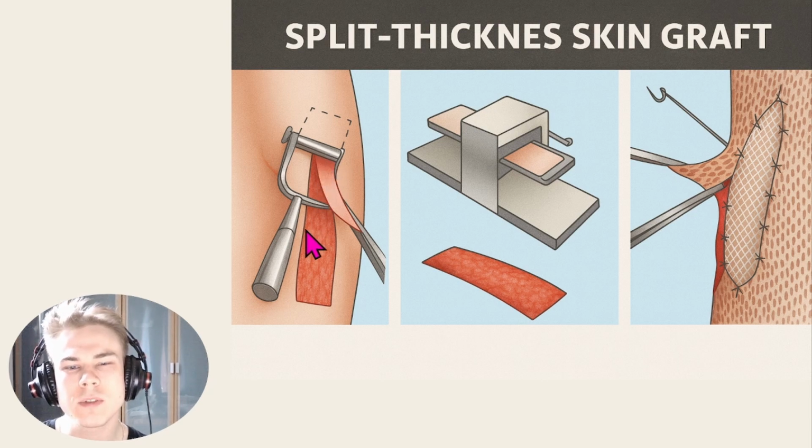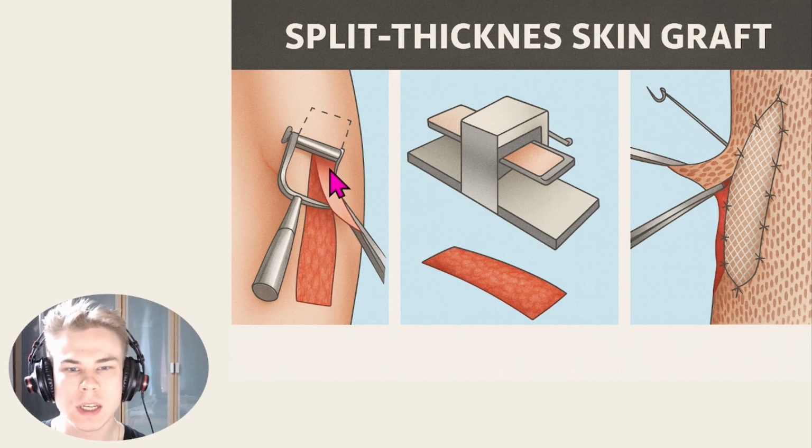So basically what you've got is this device that shaves off partial thickness of skin, and this bit contains epidermis and part of dermis, and the rest of the dermis is left here. The problem with this is it should take the graft along the full length of the device rather than just this half.